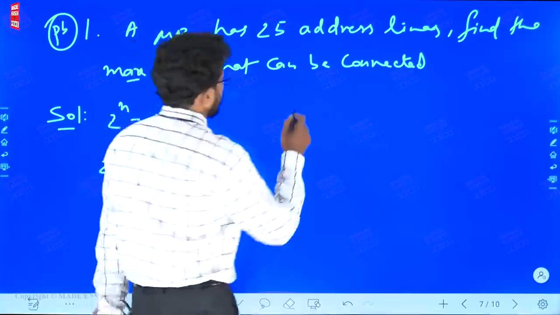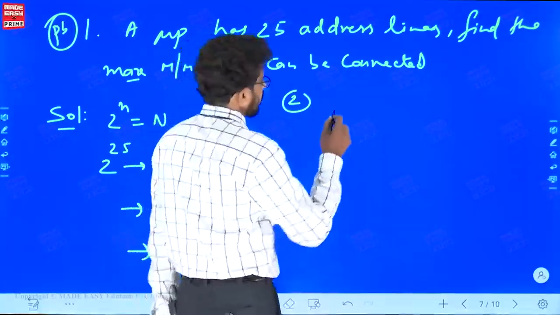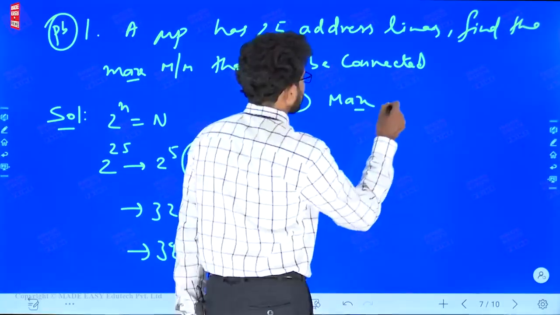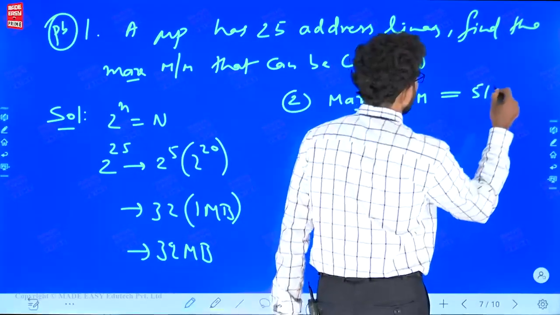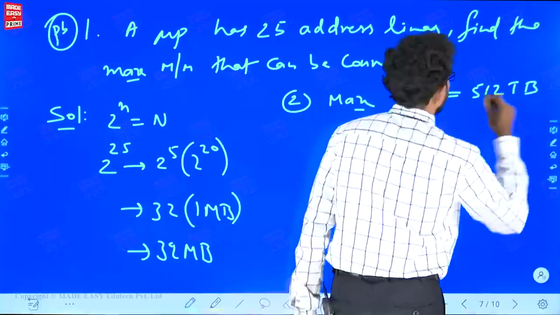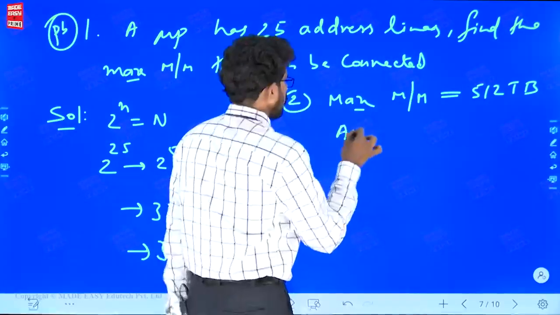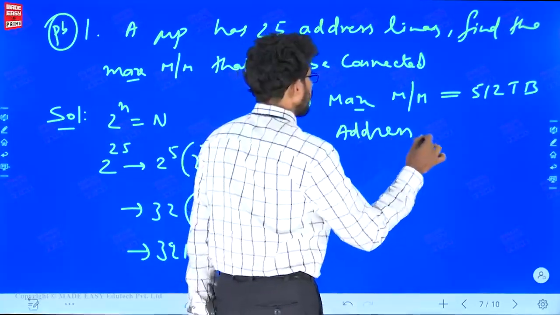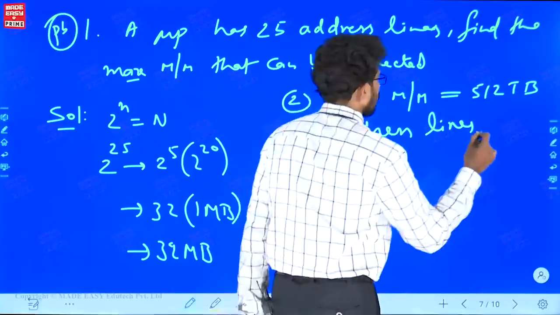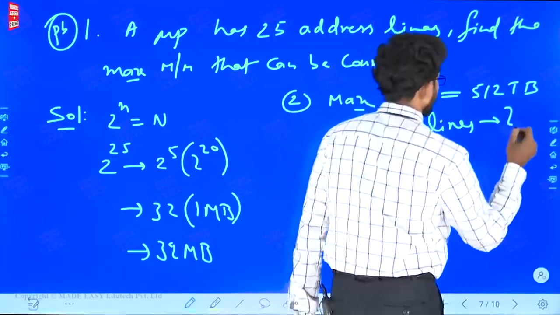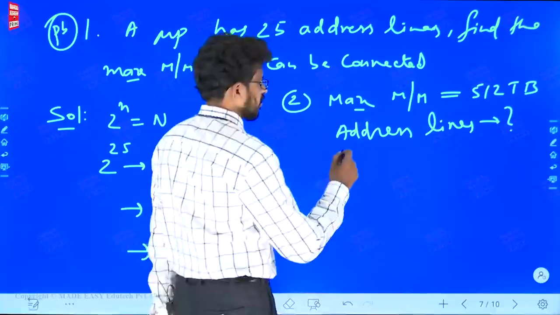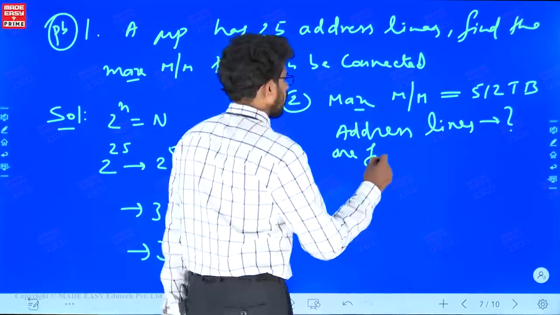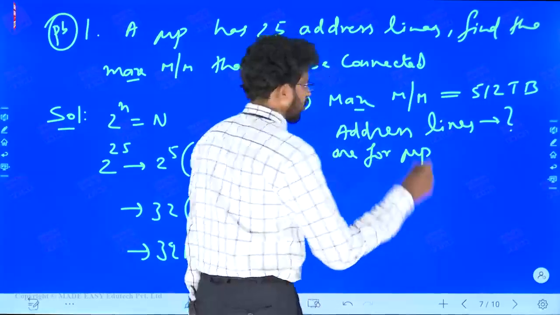Let us take the other problem. Say maximum memory is given to you, say it is 512 terabytes. Now you are asked to find how many address lines are present for the microprocessor.